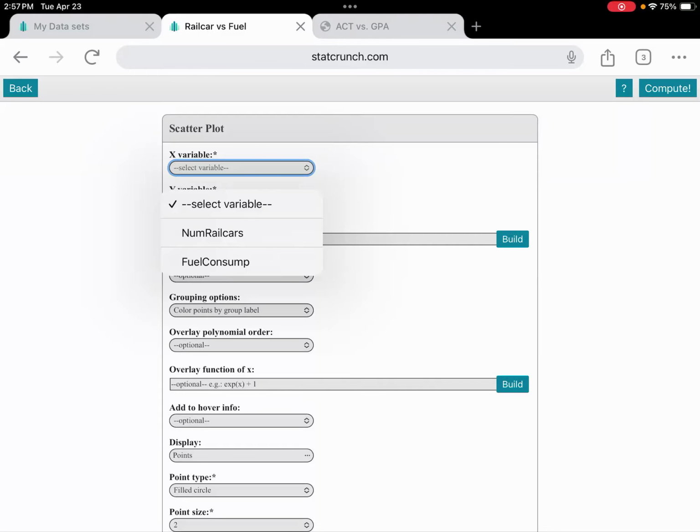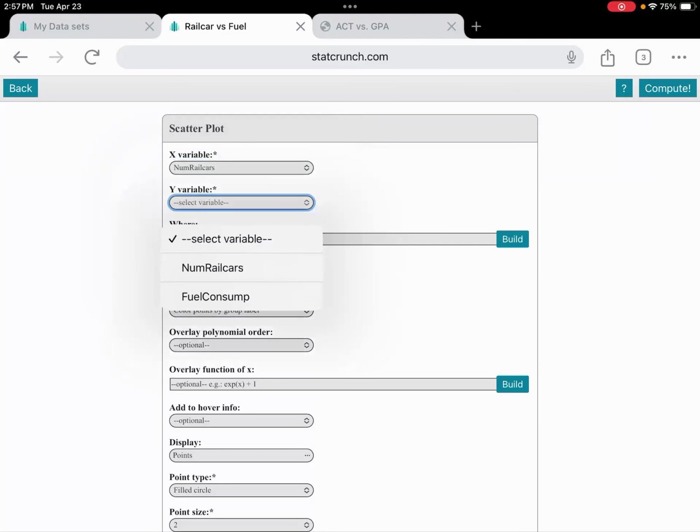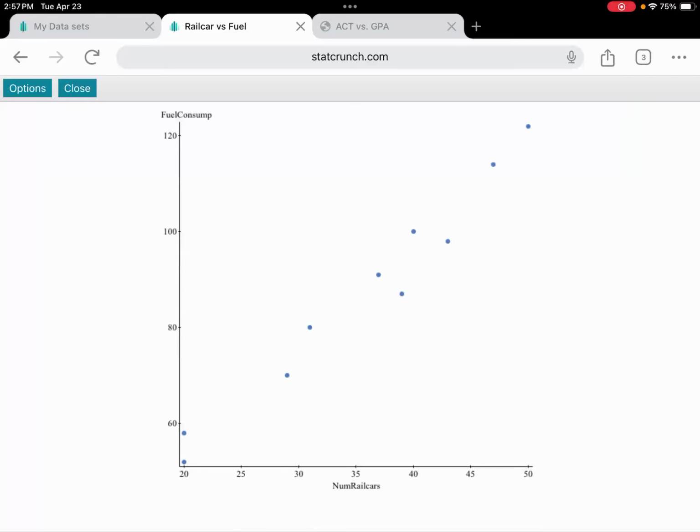Yeah, we attach. It's just like when you build a car, they determine the weight of a car first. We determine how much the car weighs, and then we figure out the gas mileage, right? And that's the same exact principle here. Number of rail cars is my X, and I want to predict the fuel consumption used by that. And so we create our scatter plot, our new picture, and this is our go-to picture for regression.